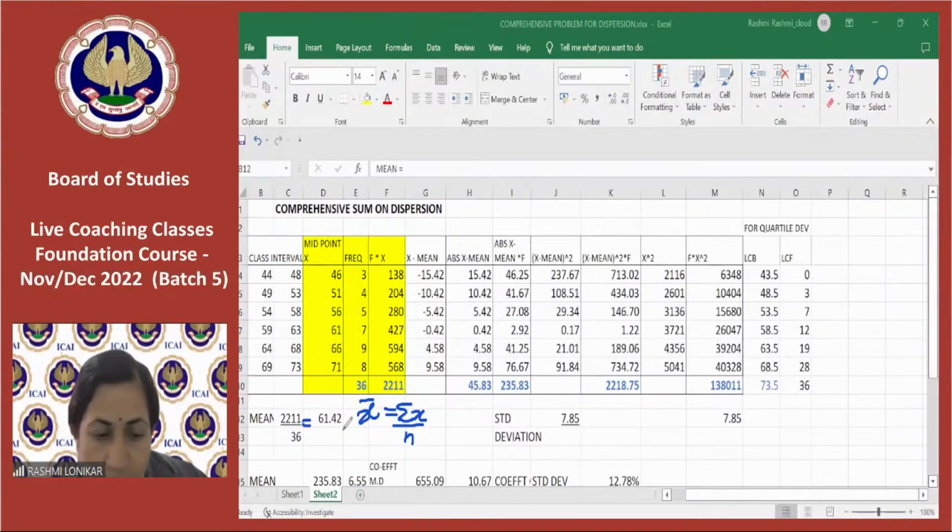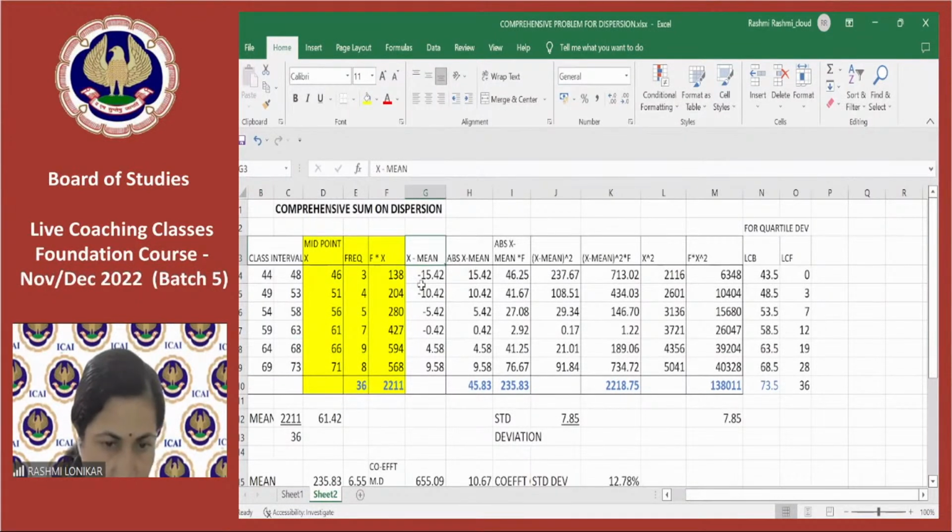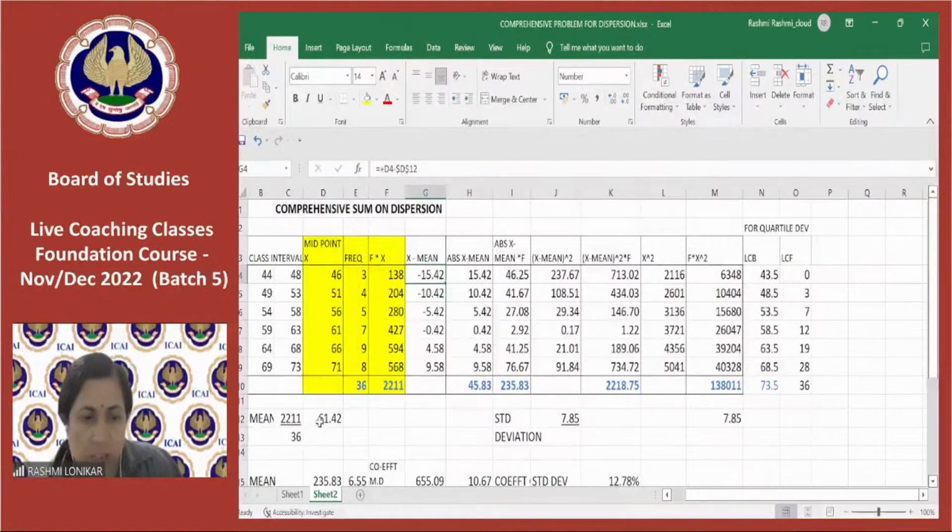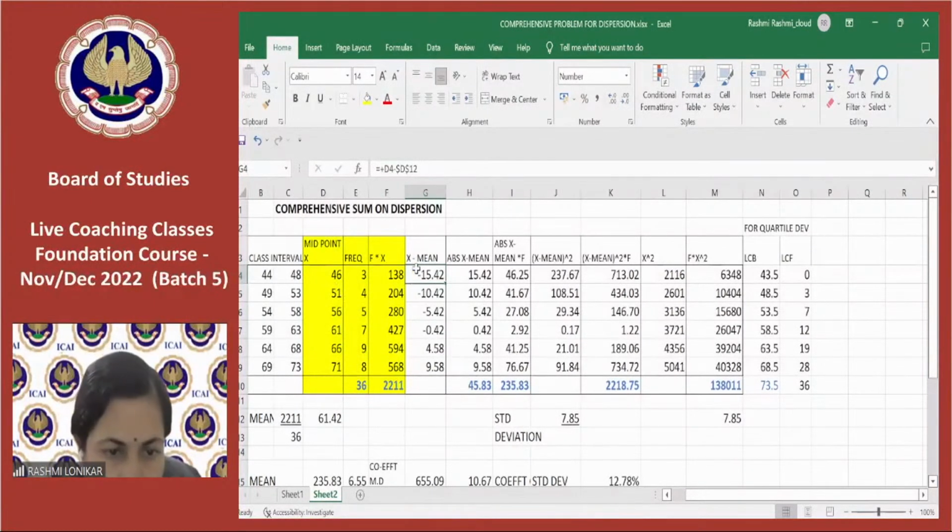Now I have to find the mean deviation. For that, I will do x minus x bar and find the absolute value. Because the mean is 61.42, this will be 46 minus 61.42, and then I find the absolute value, so I get 15.42.